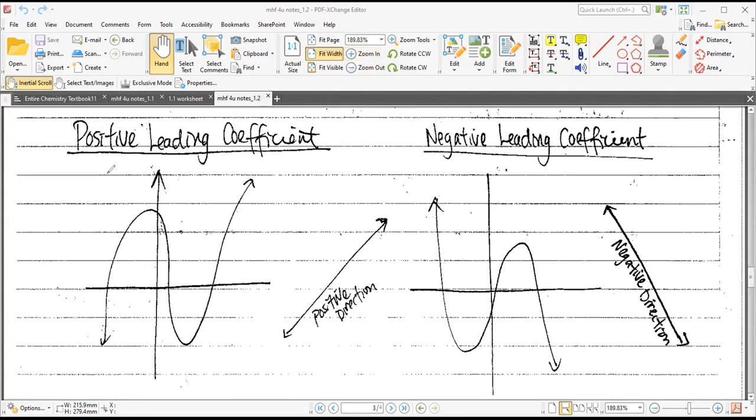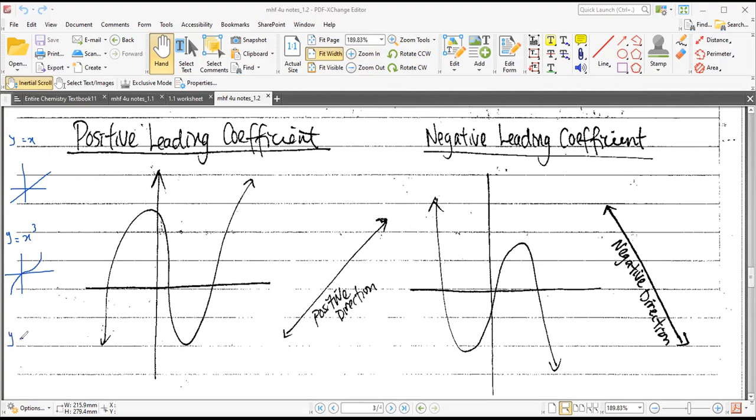Just remember that we did those parent functions. For y equals x, it looked like that. For y equals x to the power 3, it was like this, right?